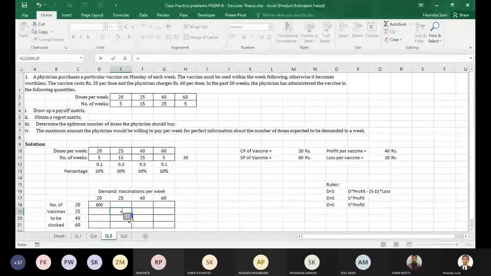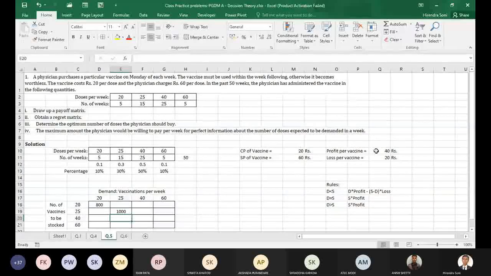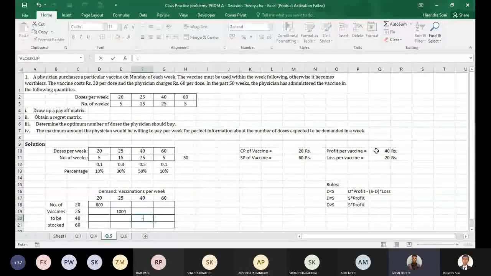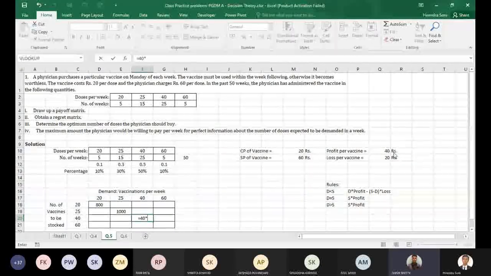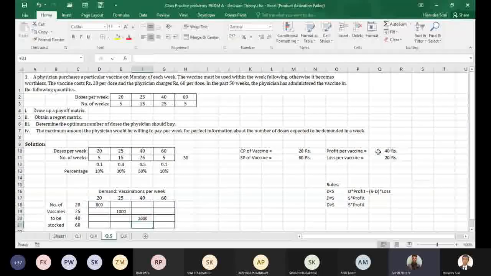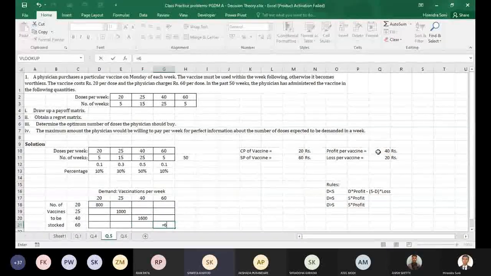Perfect. जितना आपके पास में उतना आप बेच दे रहे हो, तो हर एक में आपको 40-40 रुपए का फायदा है. तो 25 into 40. What about this? 40 into 40. यहाँ पर क्या होगा? अरे 60 into 40. Very good. 60 into 40.